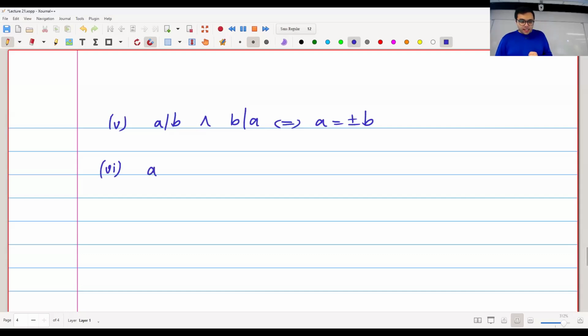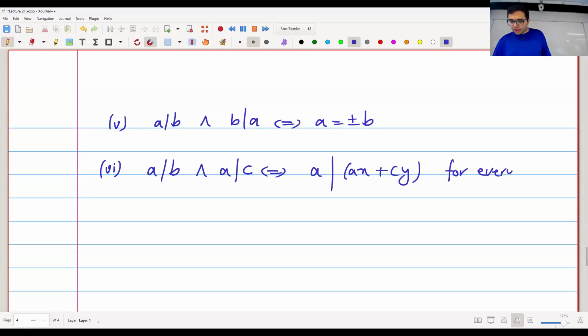So suppose that A divides B and A also divides C. Then A will divide BX plus CY for every X and Y. So I have two numbers that are multiples of A, both B and C are multiples of A. I'm saying I can take any linear combination of B and C, and A divides that.